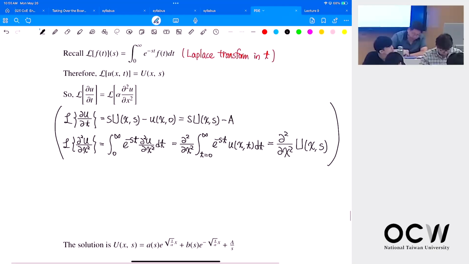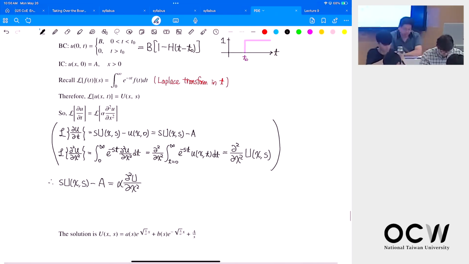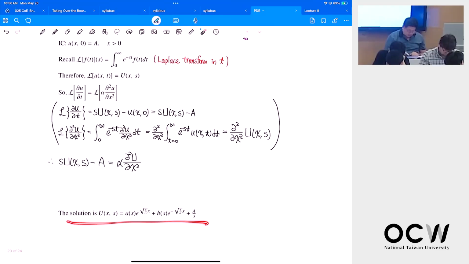Therefore, overall, the left-hand side is s U of x, s minus constant a. That will be equal to the right-hand side, alpha times partial squared U over partial x squared. And the solution for the capital U here is a times an exponential plus b times an exponential plus a over s.